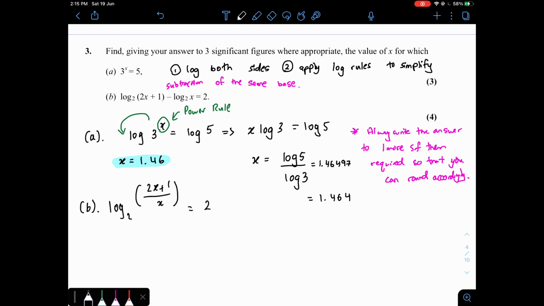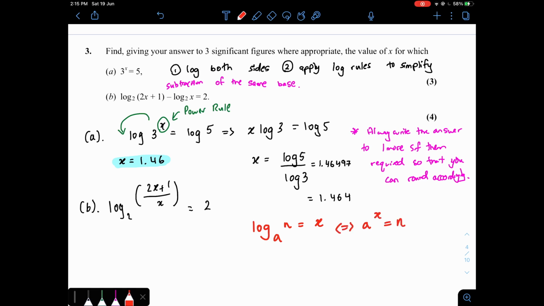Now we have log of some base equals a number, something like log base a of n equals x. So we know that a to the power of x will equal n.